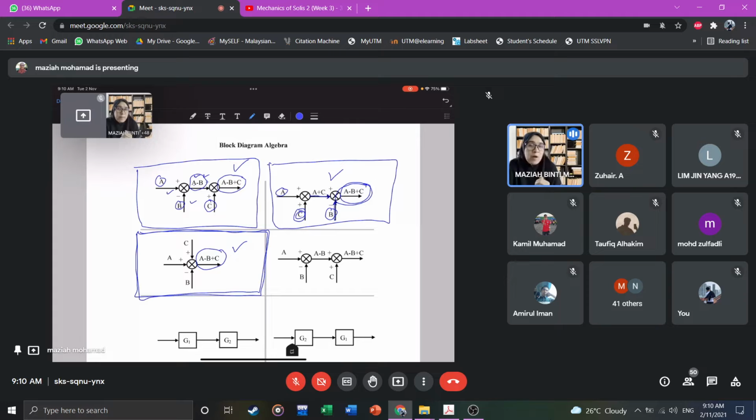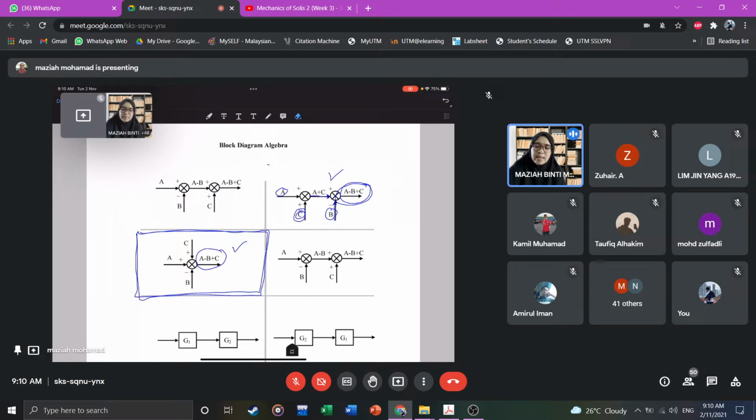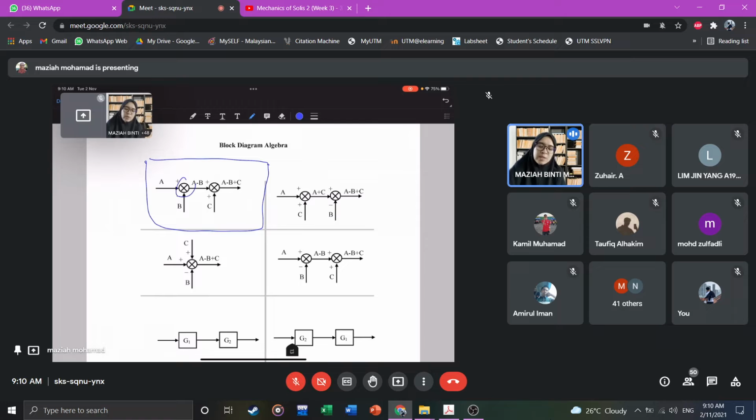For the concept of block diagram simplification method, meaning if you see there are two summation points side by side, like this one here, then you can just combine them together to become one, like this.